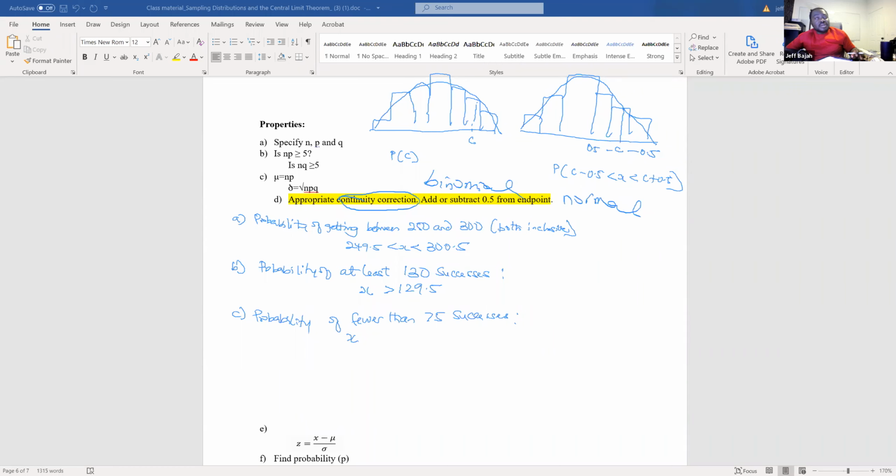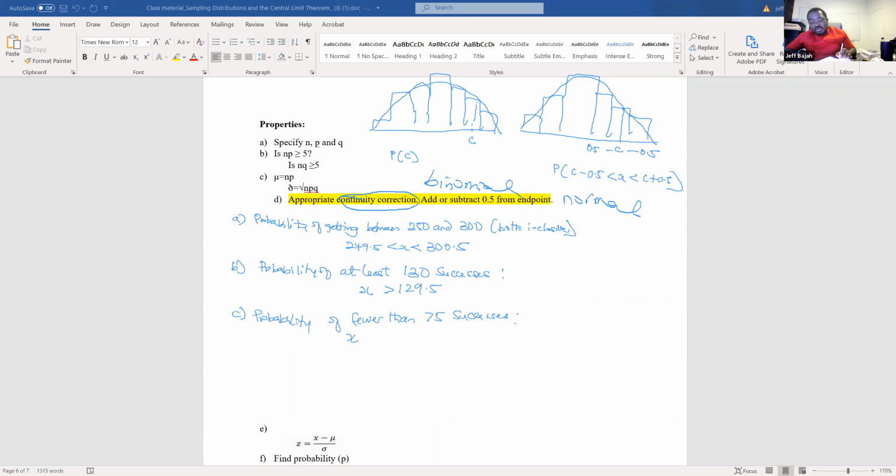If it says fewer than 75, what would be the correction? All right, nice.